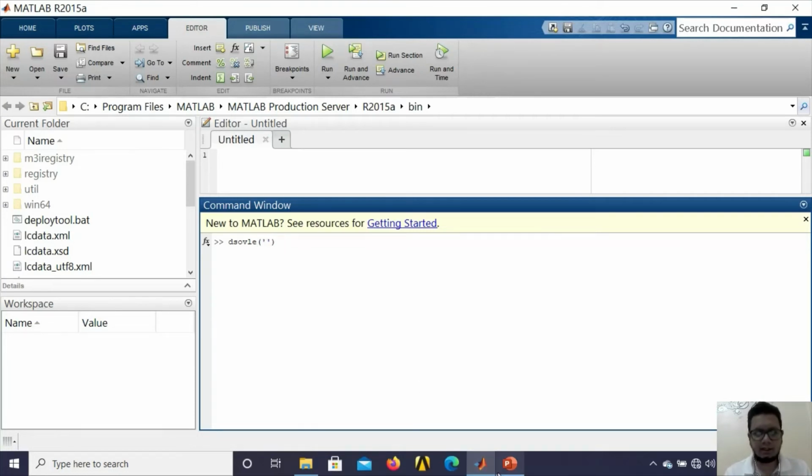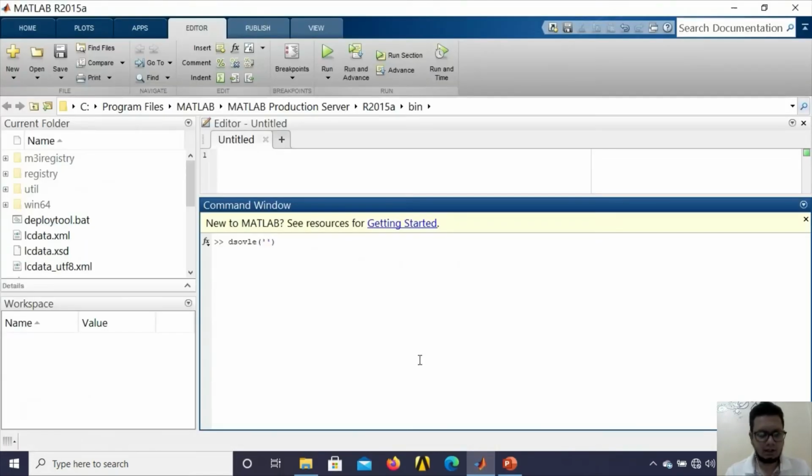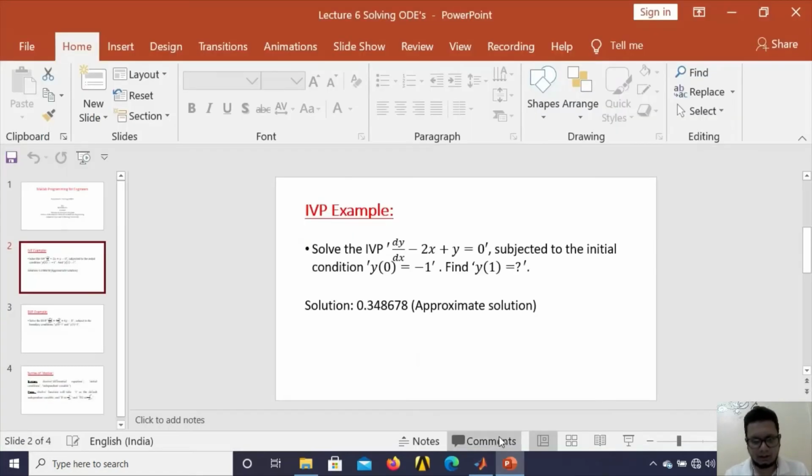Here I should write my equation. So what is my equation? dy over dx minus 2x plus y is equal to 0. So Dy minus 2 times of t plus y is equal to 0, separated by a comma.